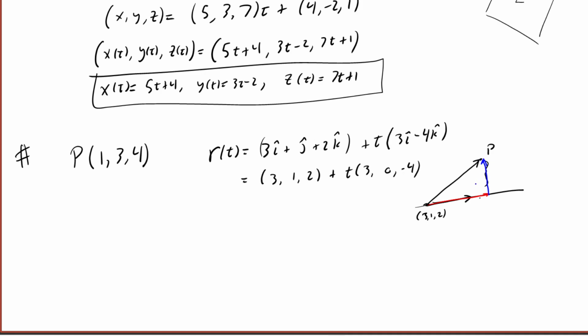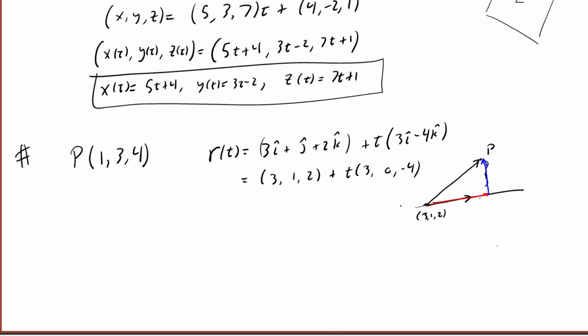Okay, so I'll get this by just doing this long vector on the hypotenuse minus the side that we just found, minus the projection.